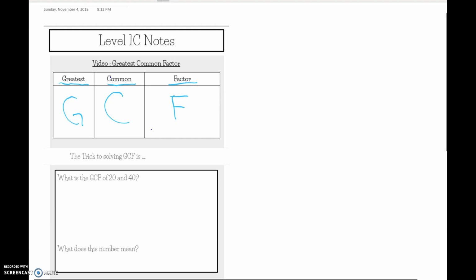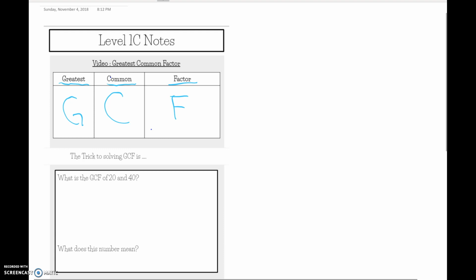So we've already talked about factors, and factors are the numbers we multiply together to get a number. So for example, 2 and 3 are factors of 6 because 2 times 3 is 6. So these are numbers that we multiply together. The word common tells us that they're two different numbers that have to have the same factor, so common factor.